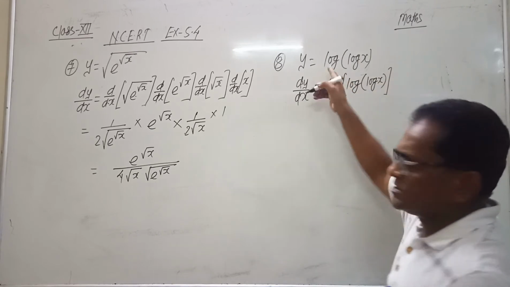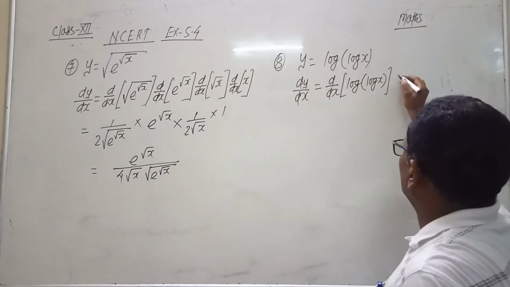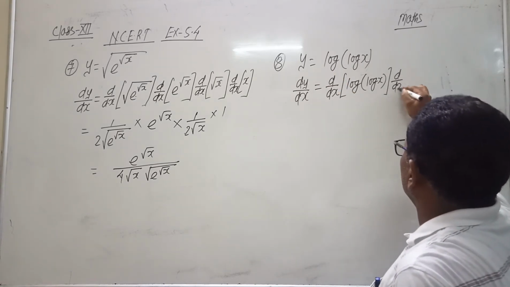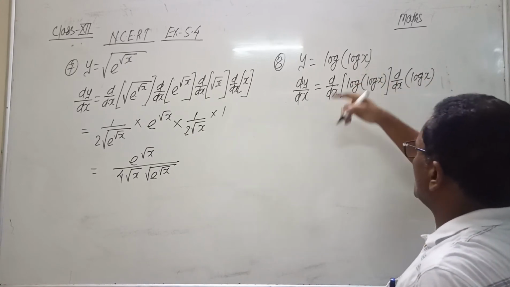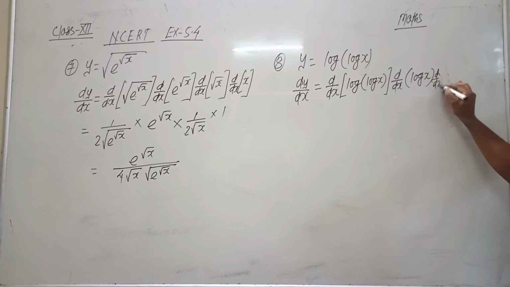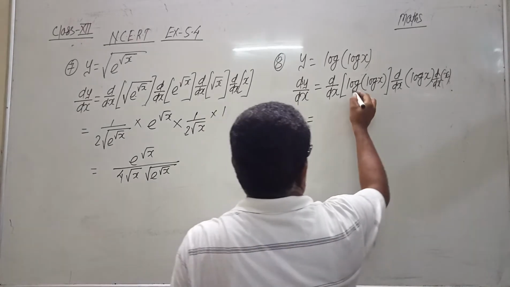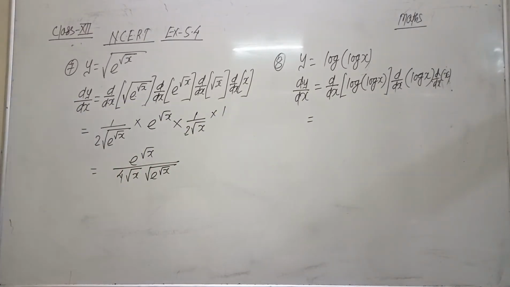Then drop this log. One by one we have to drop this term, drop log. So it remains d by dx of log x, and then drop log, then d by dx of x.